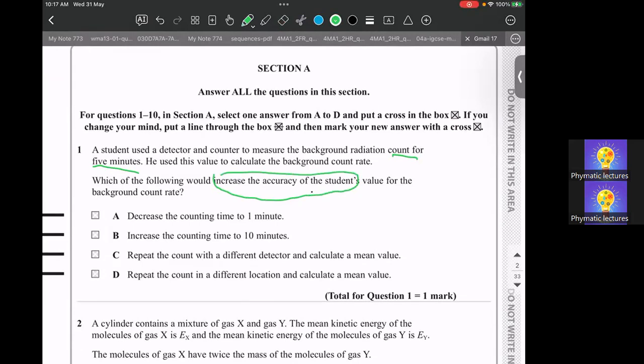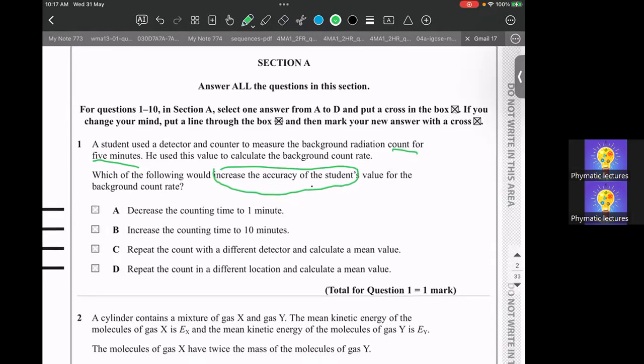To increase the accuracy, always keep in your mind, we should increase the counting time. That is very important. By increasing the counting time, we will get a fair idea about the background count rate. So decreasing the counting time is not a right answer.